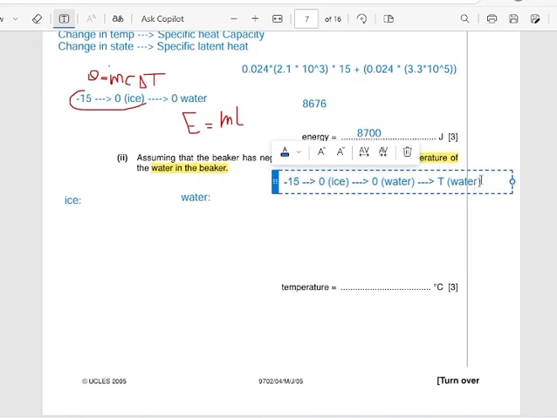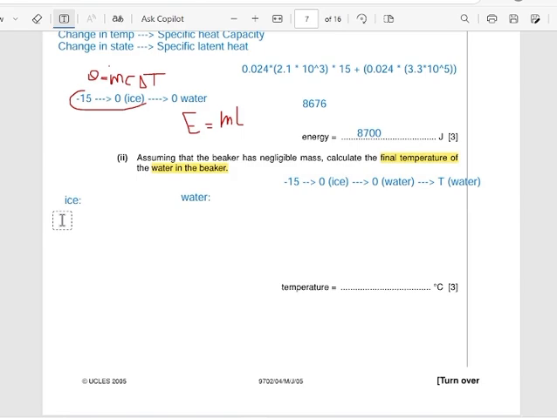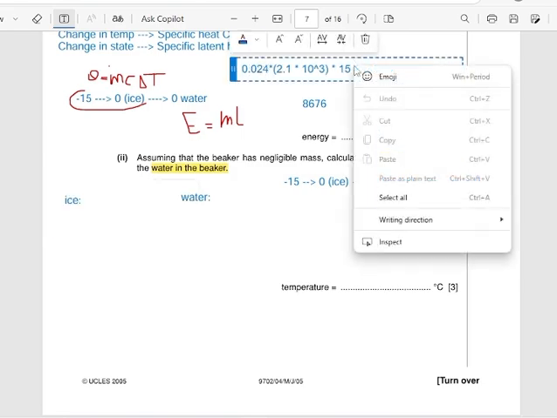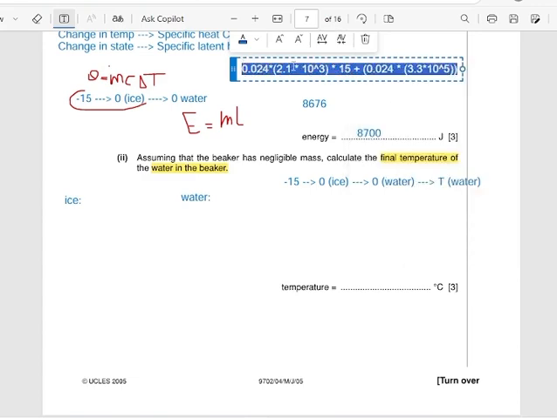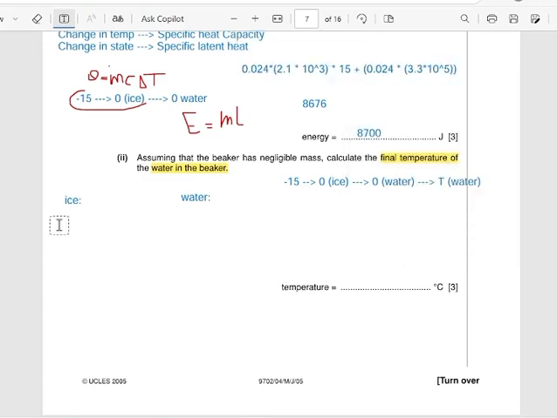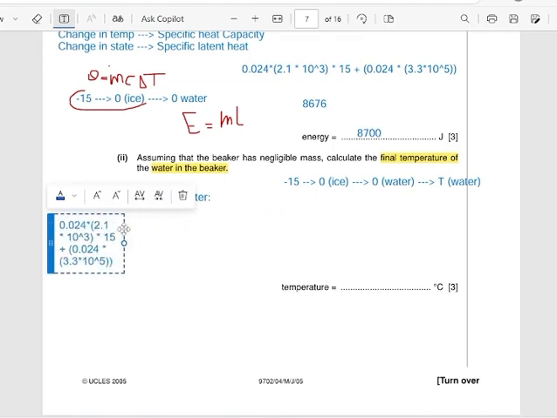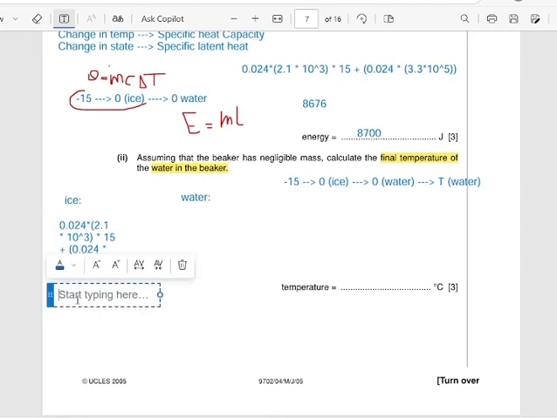Now, one important thing to understand: this is for ice. Another thing we have to add is Q is equal to M into C into T, which we have to find.